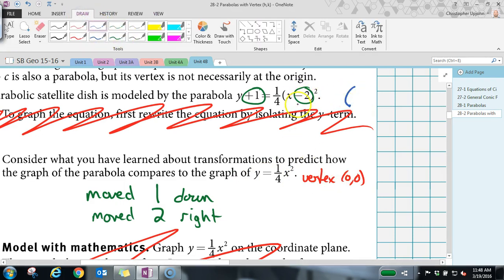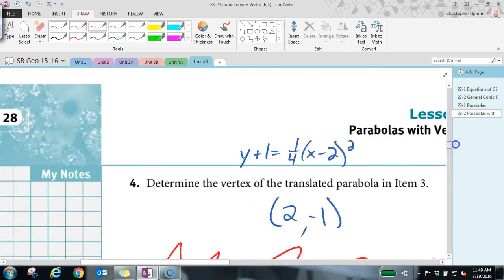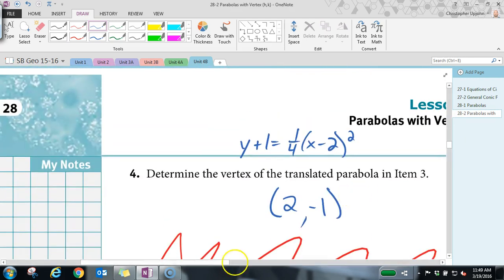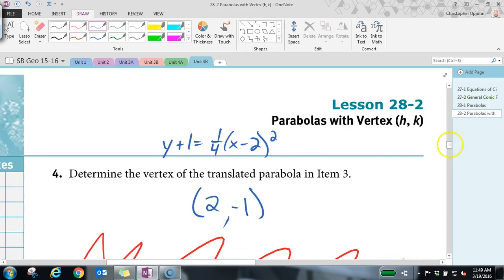Here, our x coordinate, just like our circles, we look at the negative 2 because it goes with x, but it's the opposite. And we look at the y, and it's the opposite. So for my vertex, 0, 0, I moved 1 down, the negative 1, and 2 to the right, it's positive 2. So again, we have our vertex there, 2, negative 1 from this equation.